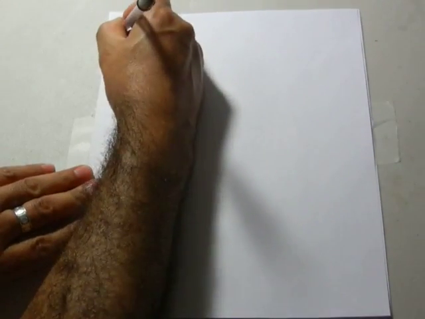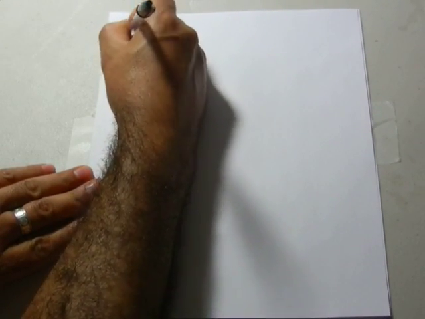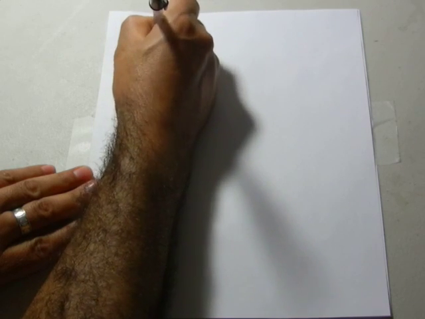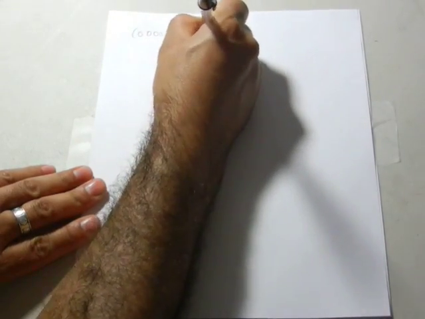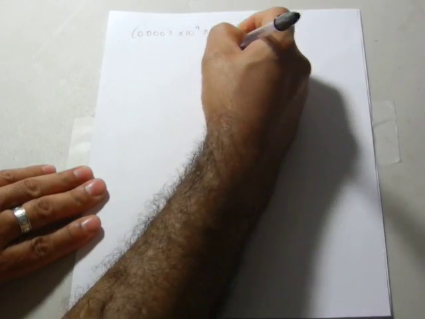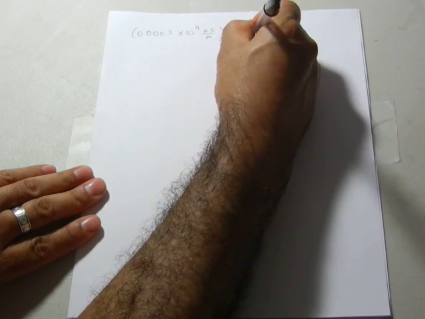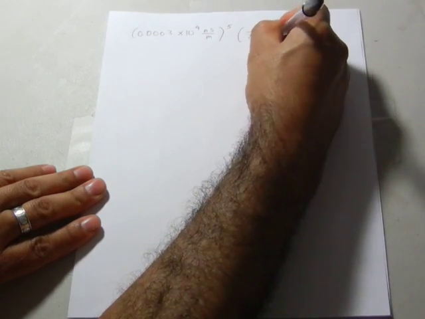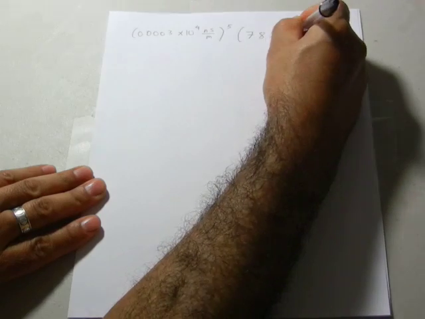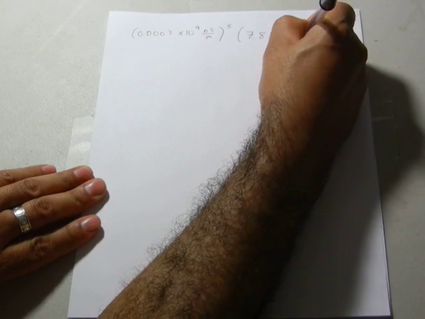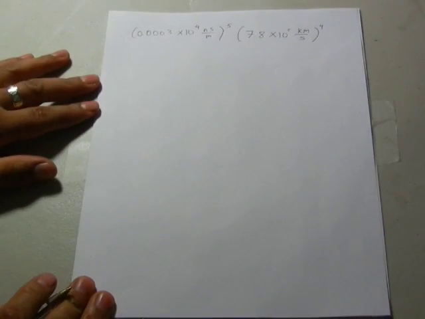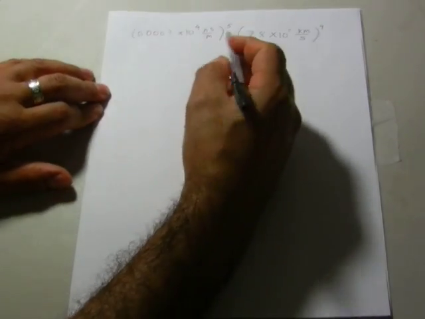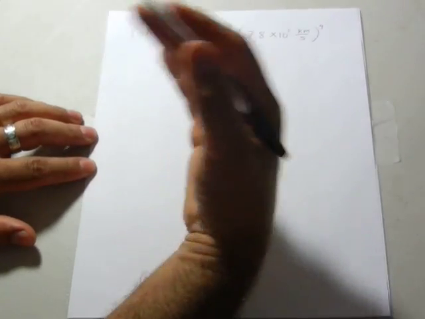In a previous video, we were already solving 0.0003 times 10 to the 4 nanoseconds per meter to the 5th power, and also something like kilometers per second to the 4th power. We know it's a multiplication, but also we have powers.